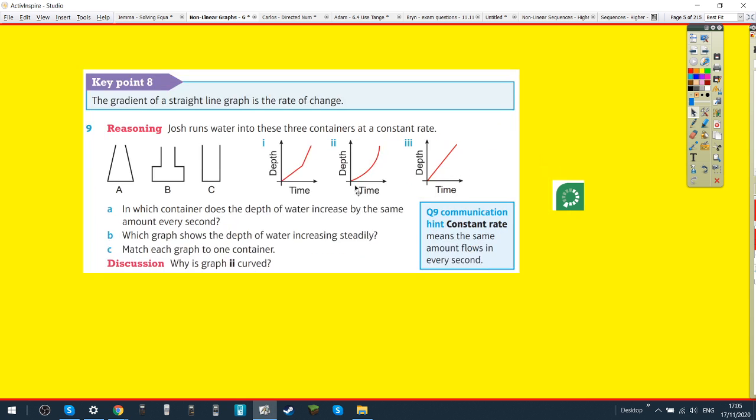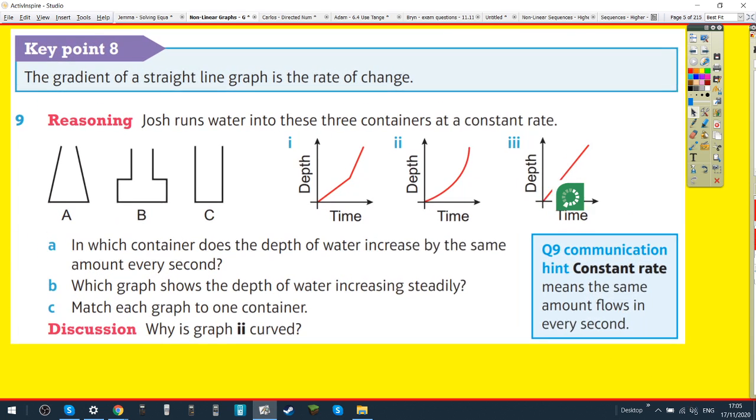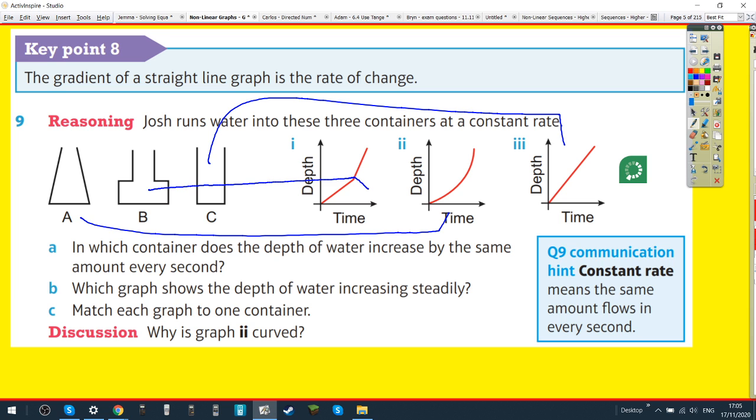Okay. Let's try matching these 3 up. So C is 3. B is a 1. And then A is 2. That is it.